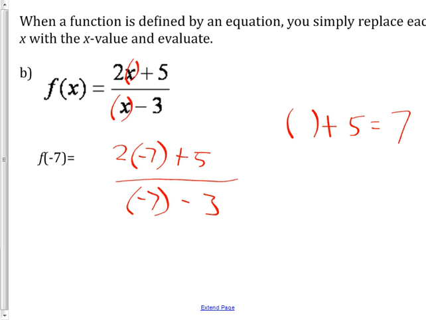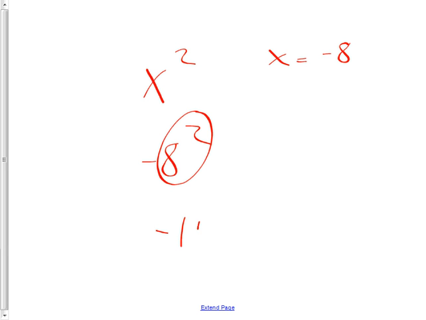And why does the parentheses even matter? Again, if I have this, here's a situation where if you don't do the parentheses, you'll get it wrong. If this x is equal to -8, and I go, I don't need parentheses, -8 squared. And if you actually do that, then from here, you've screwed it up. Because now you'll have to do 8 squared is 16, and the answer will be -16, and it's not supposed to be -16.